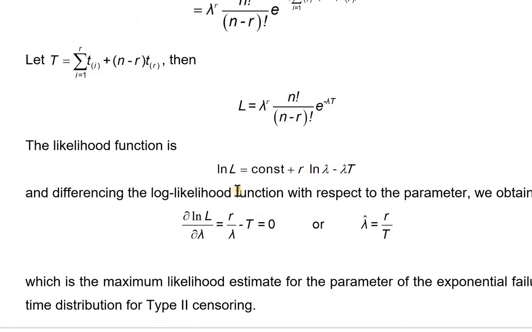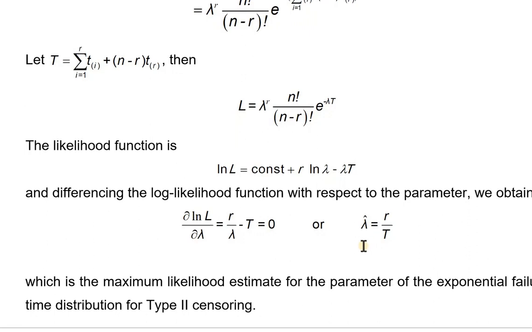When we differentiate, the constant is 0. Next is r times ln lambda, which is 1 over lambda, and lambda T is T, because we differentiate with respect to lambda. This is what remains after we differentiate, and it is equal to 0.